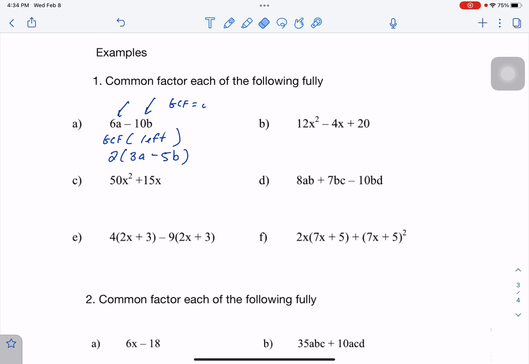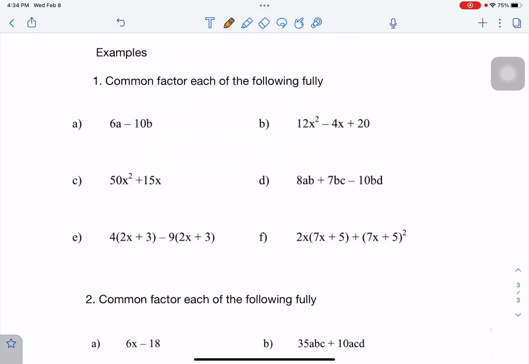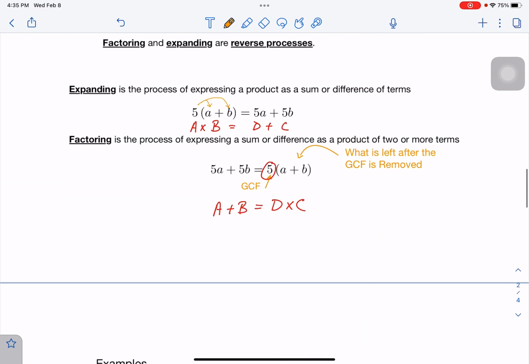So let me erase all of that and do that one more time with you. What the whole game plan is, is to take the GCF out and you have left over what is left once the GCF is taken out. When we factor, we take the GCF out and you're left with whatever is remaining once the GCF is removed.